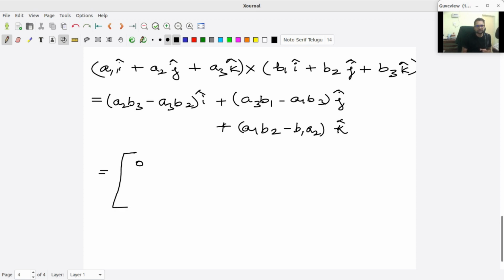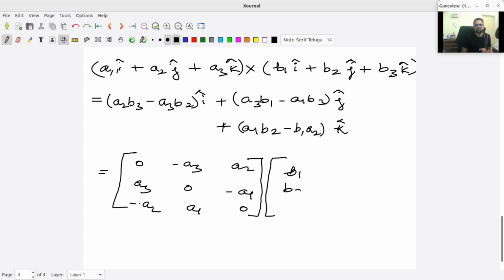Now this can be written as the matrix with rows 0, minus a3, a2; a3, 0, minus a1; and minus a2, a1, 0, times the vector b1, b2, b3.